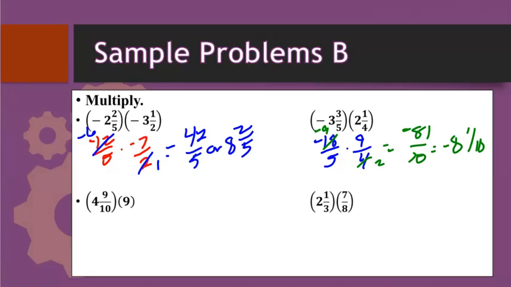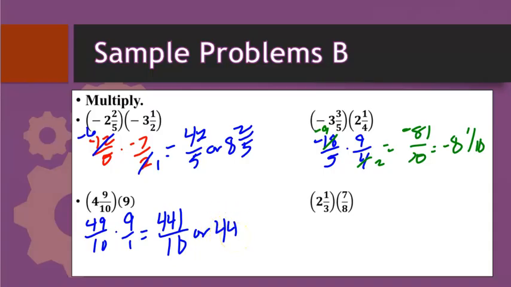Next, I have negative 49, or a positive 49/10 times 9 over 1. 49 times 9 gives us 441 over 10. Can't reduce that, but I could put it as a mixed number if I wanted to. So this would be 44 1/10.